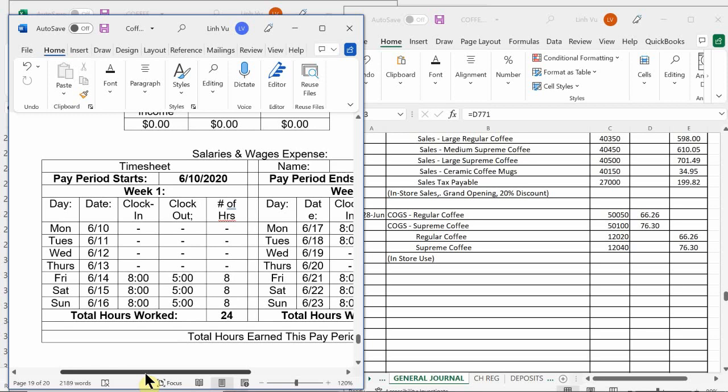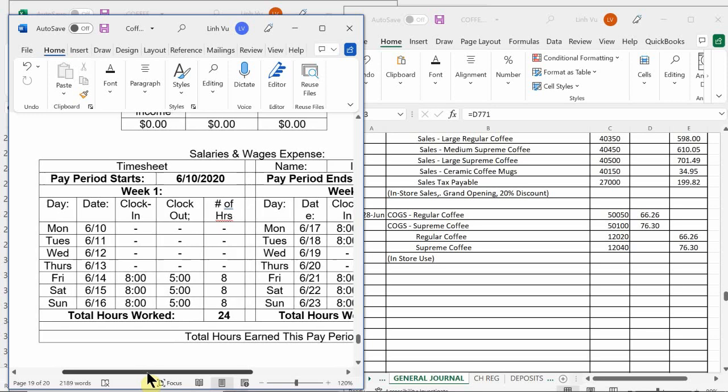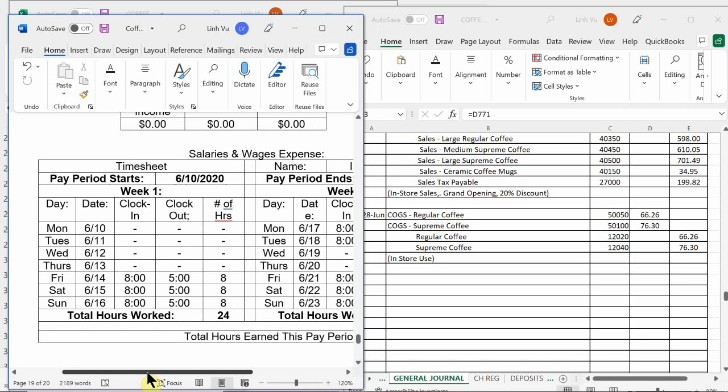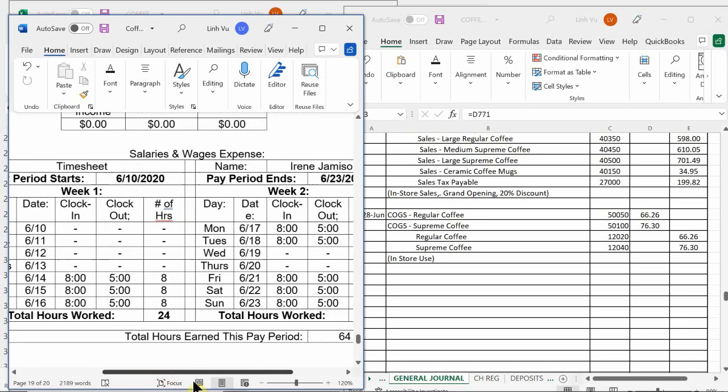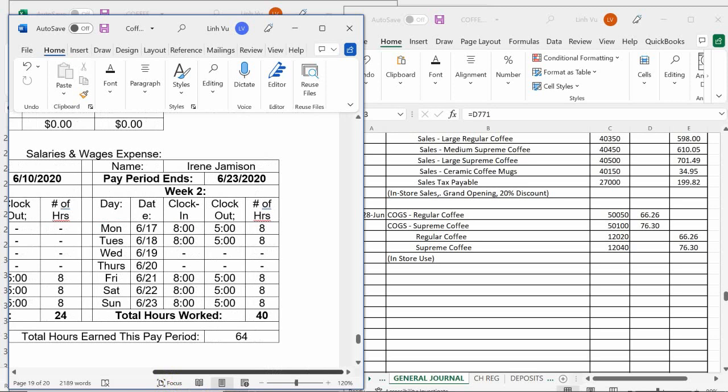Okay, so she clocked her first 8 hours. She is working from Fridays to Tuesdays, right? Because she gets to take her break on, or her weekend is going to be Wednesdays and Thursdays. So in this case, she worked Friday, Saturday, Sunday, and she also worked the following week on Monday and Tuesday.